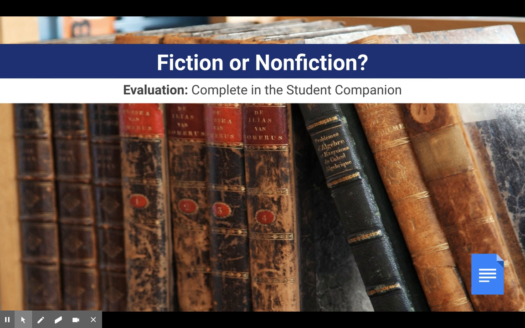Okay, and explain your reasoning. So we just want to understand your thinking. So we'll pause here for about 5 minutes for you to answer and also submit your student companion. There were some portions that we skipped over, which is fine. We'll just give you credit for the portions that you guys are completing. Now, let's pause here so that you have 5 minutes of work time for the evaluation section.